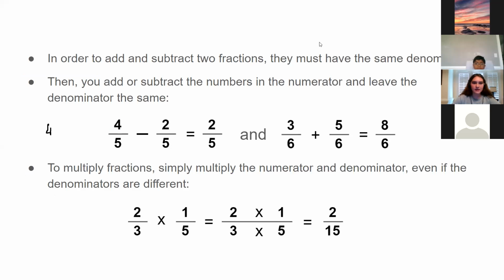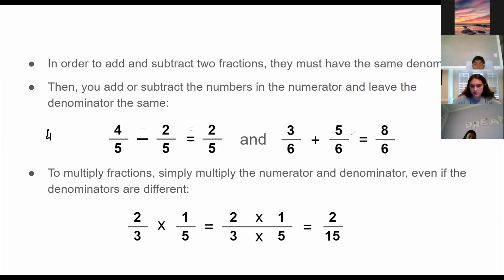In order to add and subtract two fractions, they must have the same denominator. Then you add or subtract the numbers in the numerator and leave the denominator the same. So we have here 4/5 minus 2/5 equals 2/5, because 4 minus 2 equals 2. And 3/6 plus 5/6 equals 8/6, because 3 plus 5 equals 8.